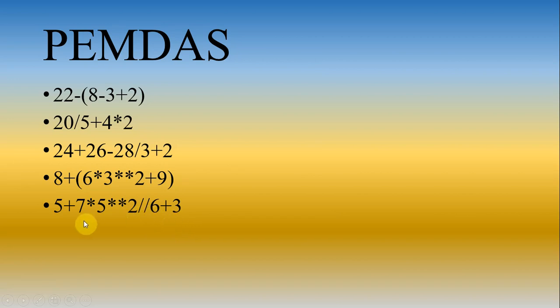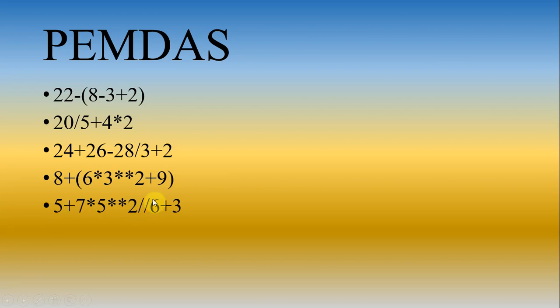But one more rule is what I told you. We must go from left to right when we have operators of the same priority. Since multiplication is towards the left, we calculate this value. So 5 square is 25 and then we calculate 25 into 7, which gives us 175.